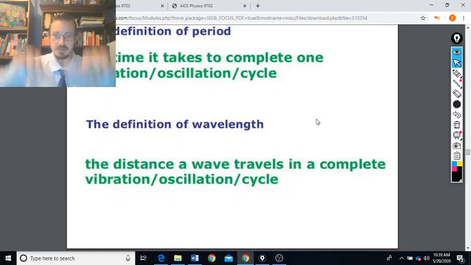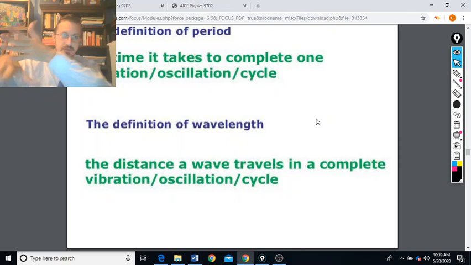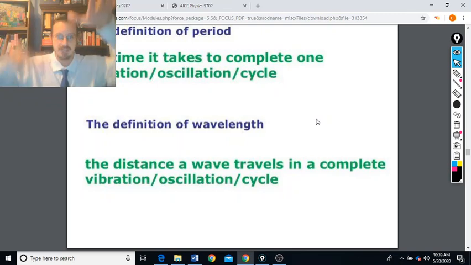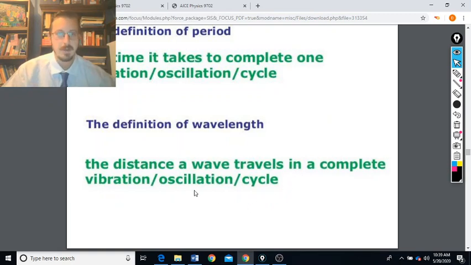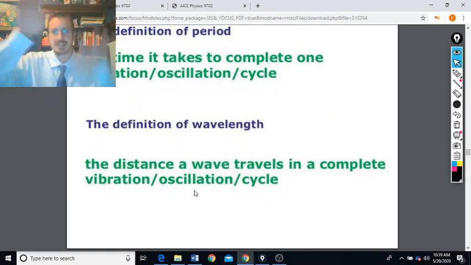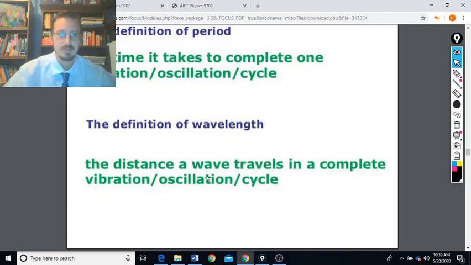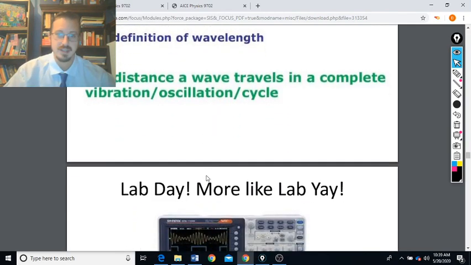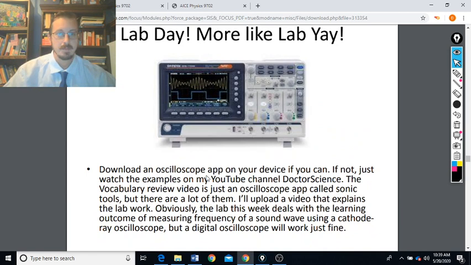Let's say it's a transverse wave, and it's a water wave moving past. Well, the water is all undisturbed, and as that wave moves through, the particles oscillate at right angles to that direction of energy transfer. But the distance that wave traveled in one complete oscillation, that's the wavelength. The time it took the wave to do that is the time period.